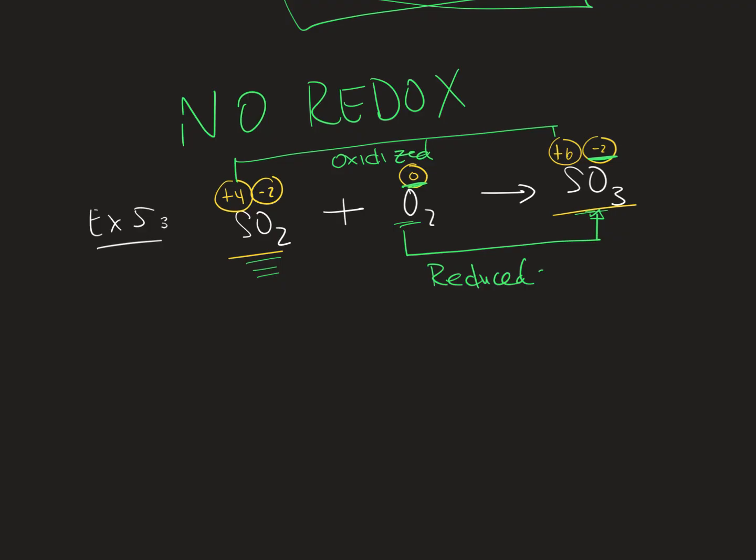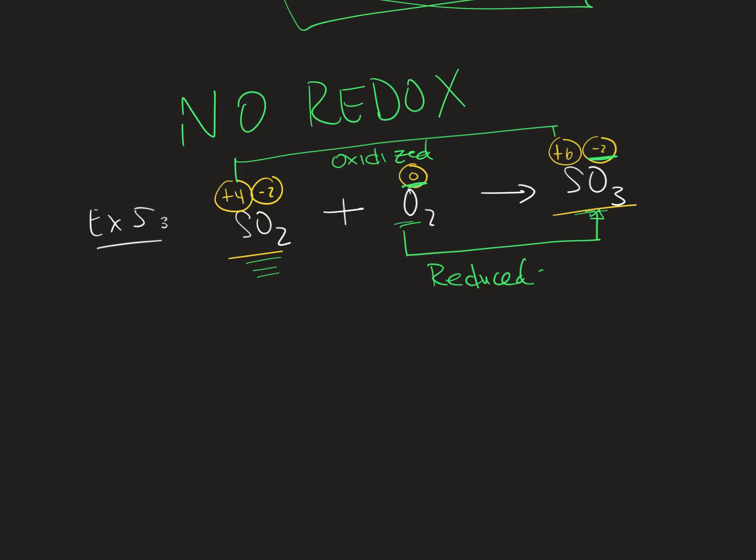And when they brought this up, it's like, holy crap, that doesn't make any sense. But can you make sense of it through the charge? The charge is reduced. And sulfur is oxidized by the oxygen.